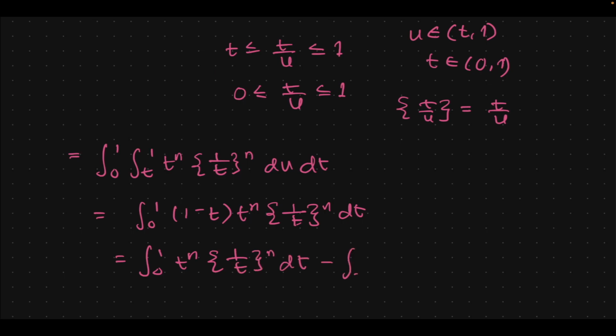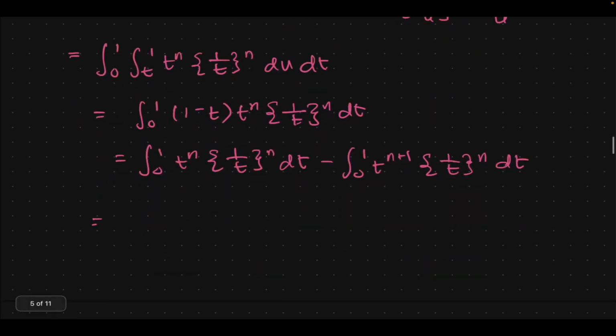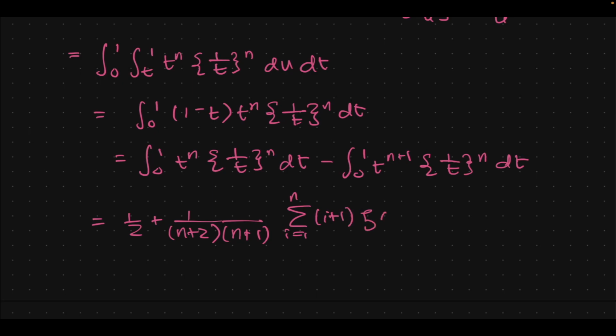That and the other n plus 1 dt, and there we go. We can write this as this difference of results obtained before. So I plus 1 zeta of I plus 2 minus n plus 1 zeta of I plus 1.